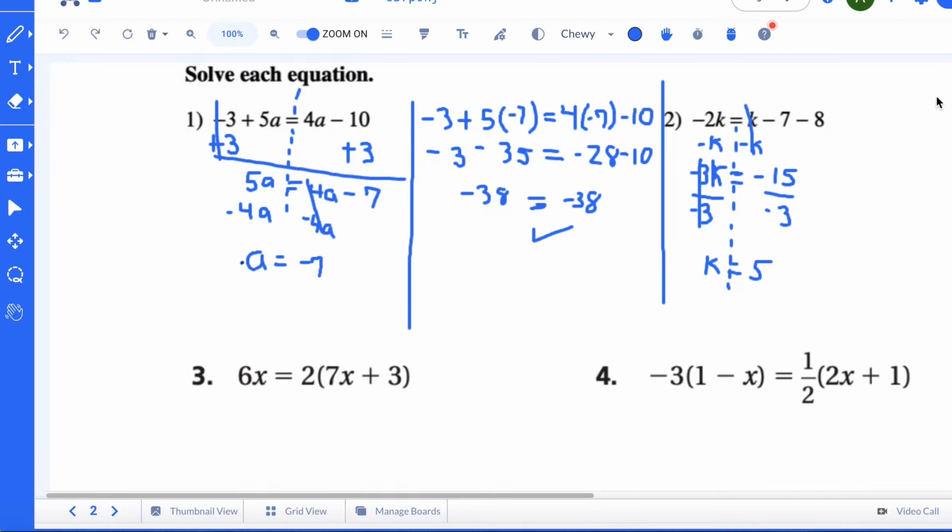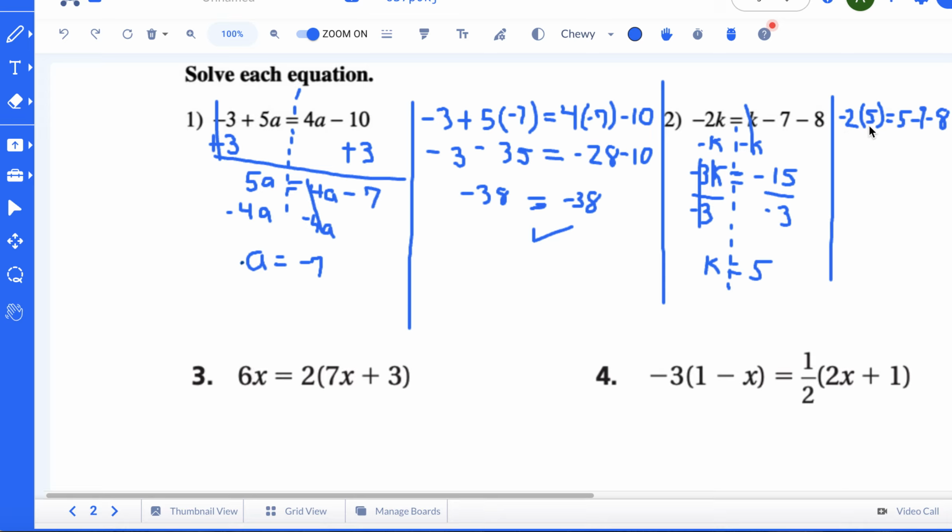Let's check our answer. So I'm going to substitute k for positive 5. So that's negative 2k, which will be negative 2 times 5, equals k, which happens to be 5, minus 7, minus 8. Okay, good.